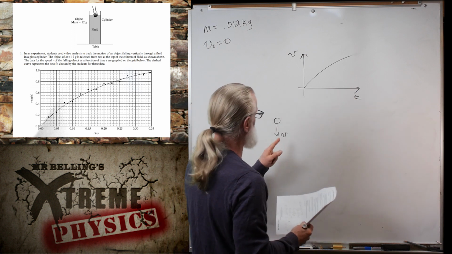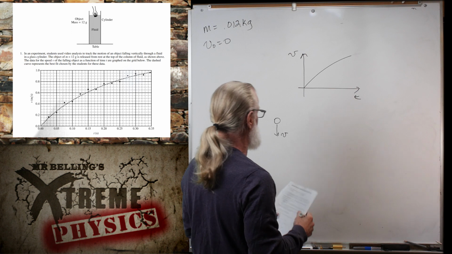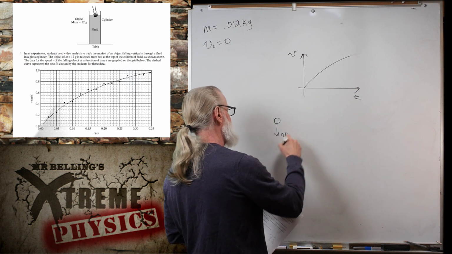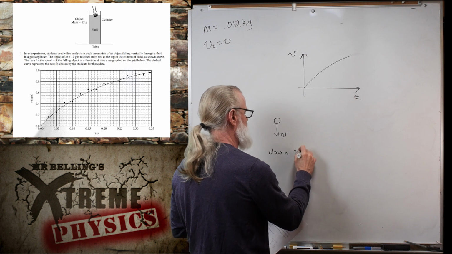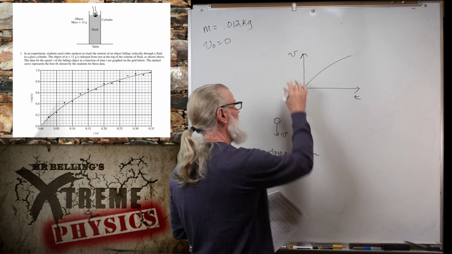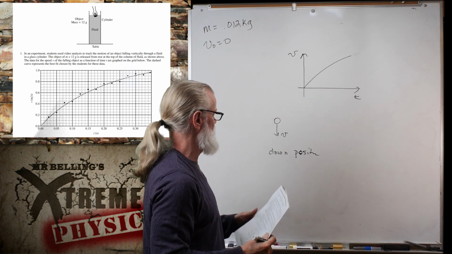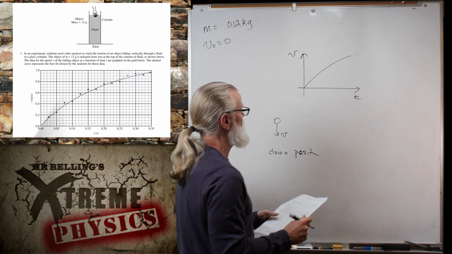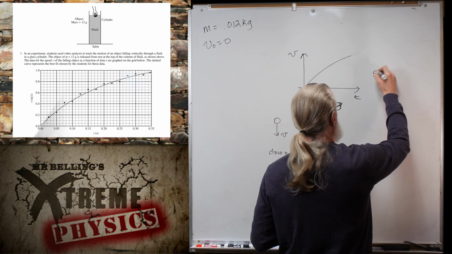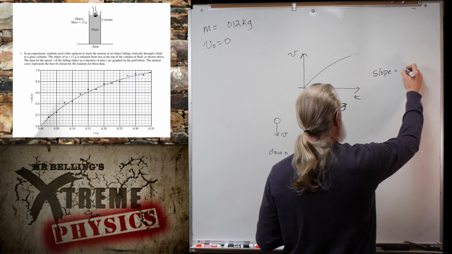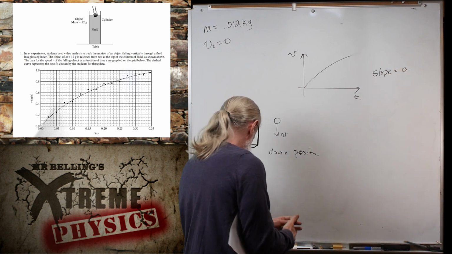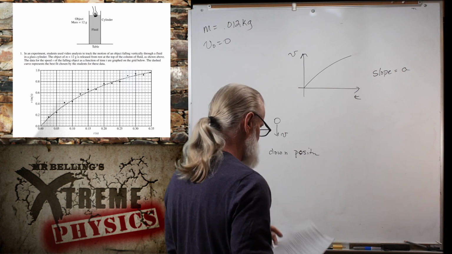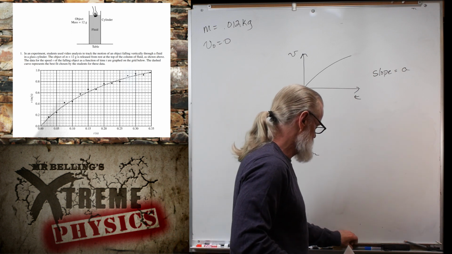So in this case, we could look at this as velocity if we call down positive. If we say down is positive, then we could treat this as a velocity versus time graph. And we know that the slope of a velocity versus time graph is acceleration. So in this case, let's see, I need a ruler or something. Here's a ruler.